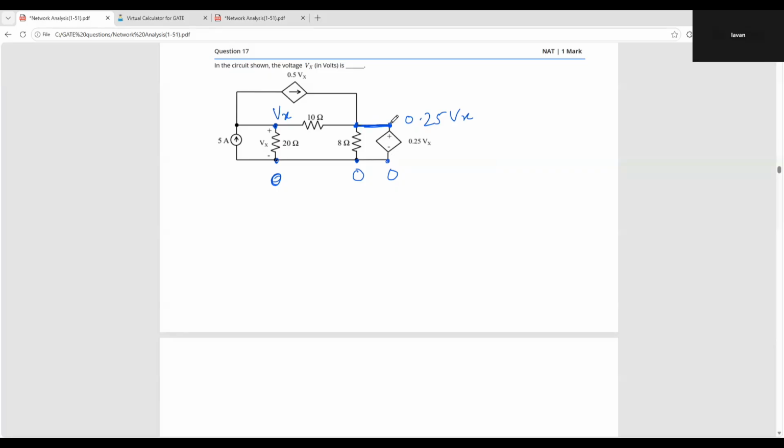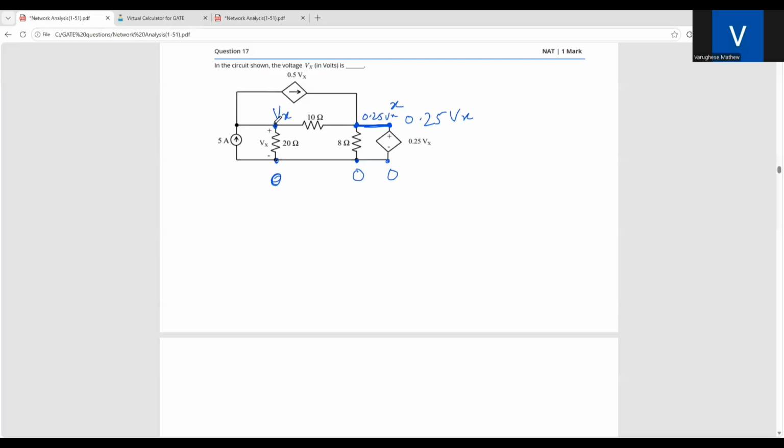If this voltage is X, this cannot be anything other than X, so this will also be X. The incoming current source will get adjusted. If this is 0.25 Vx, this is 0.25 Vx. So this is also 0.25 Vx.